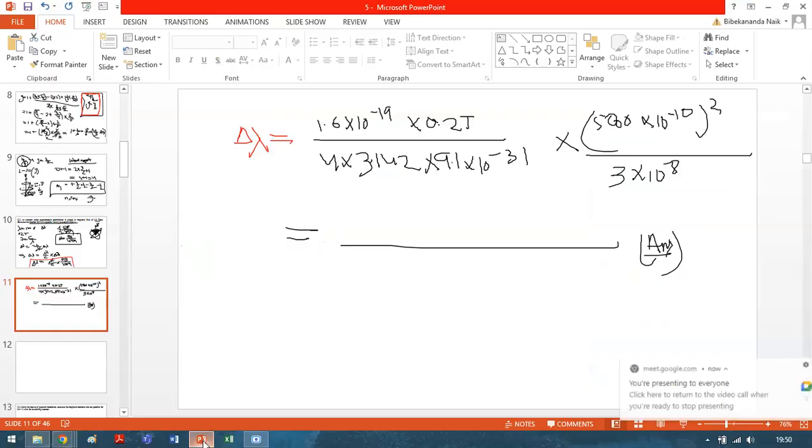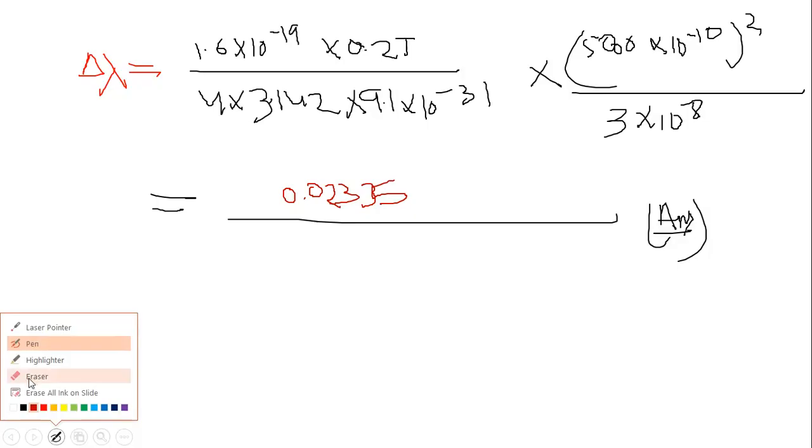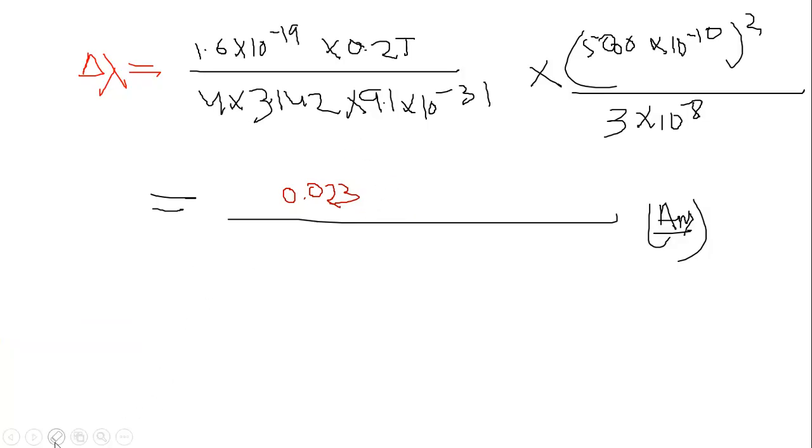So we will get the value 0.02335 Armstrong.